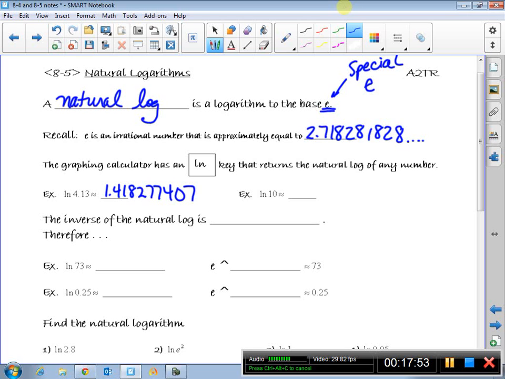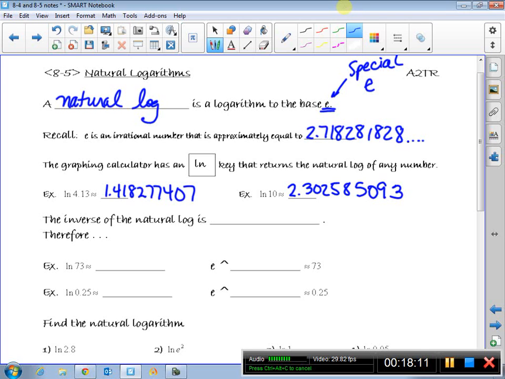Go ahead and try the ln of 10. ln of 10. Approximately 2.3025. Okay, so these are not simplest of numbers, lots of decimal places.